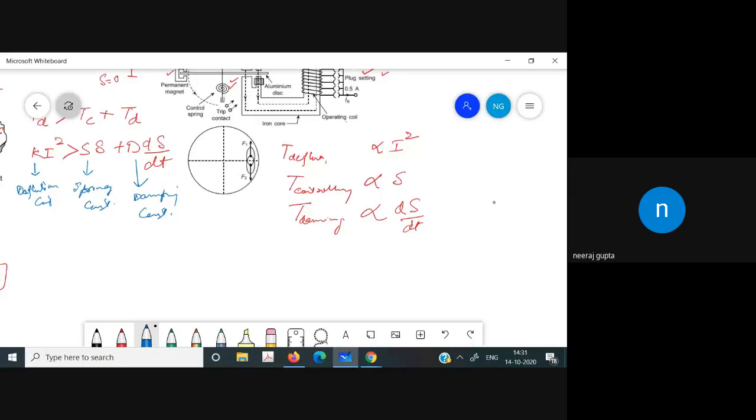Now, when the relay is on the verge of deflection, all three torques are equated.